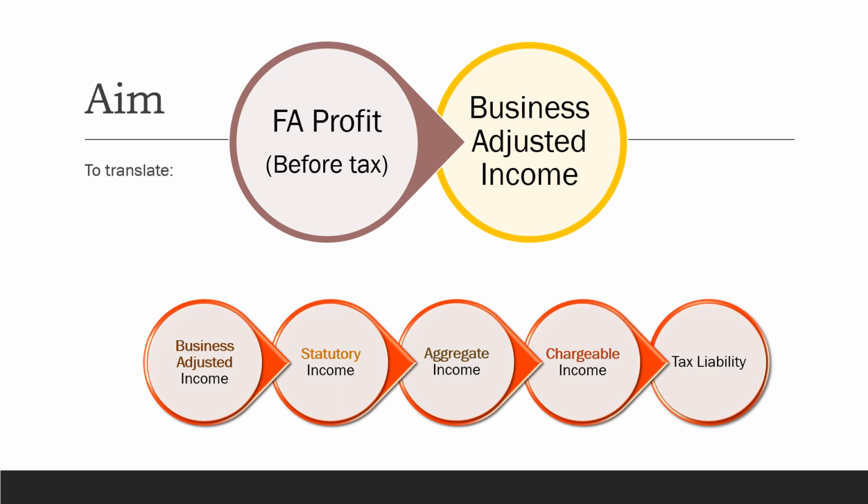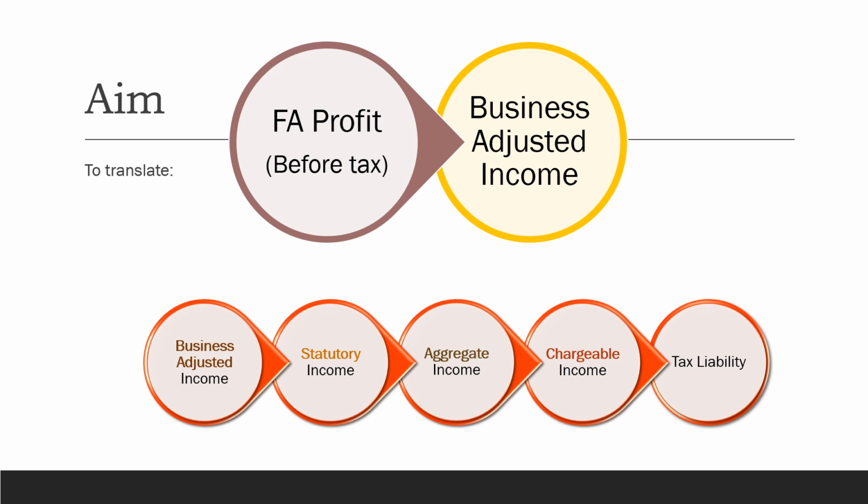Okay, after we have translated this, then we adjust the business adjusted income with the capital allowances to get the statutory income, and then we add all the statutory income from other sections, (b), (c), (d), (e), (f), if any, to get the aggregate income.